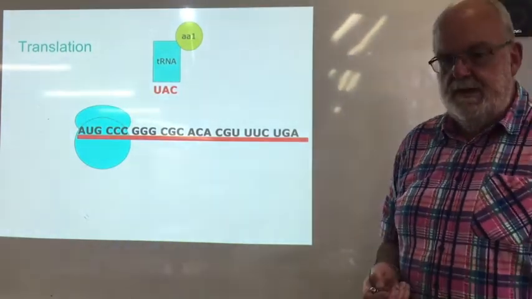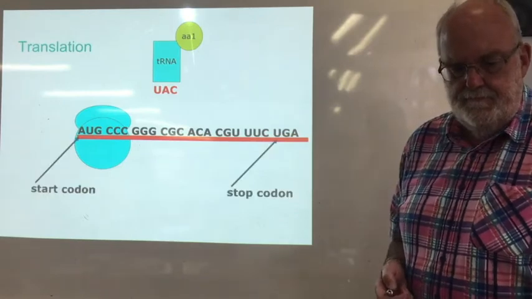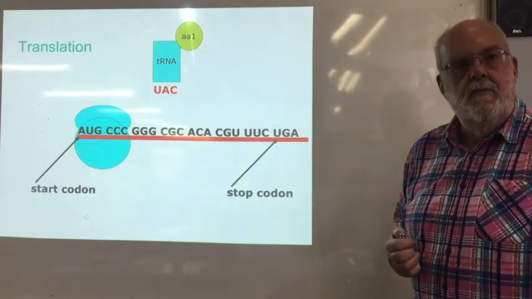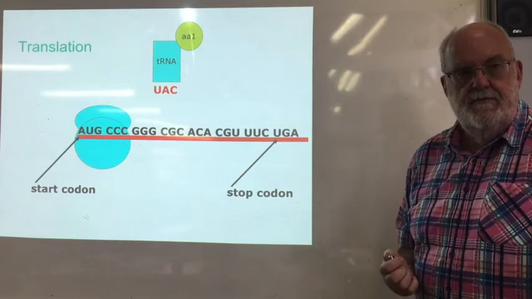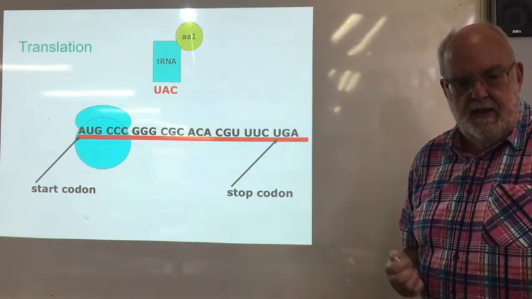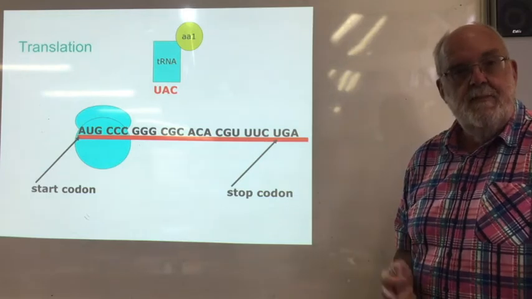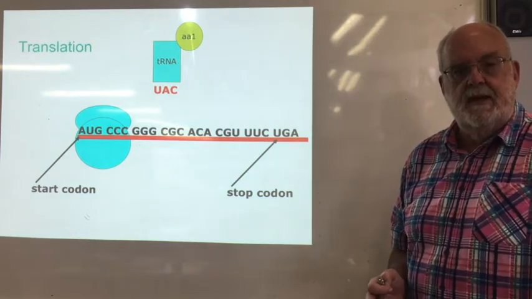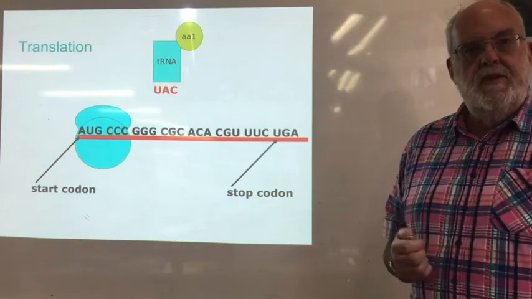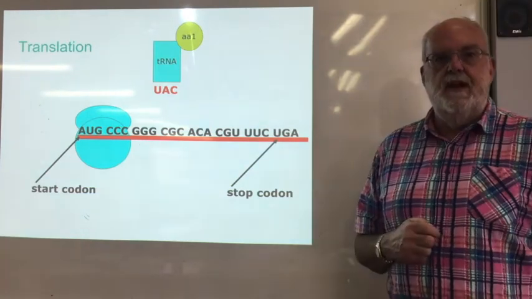So, the sequence of events. In a section of the messenger RNA, there are things called start codons and stop codons. This enables the mechanisms of the cell to know which is the first amino acid that's going to be made.